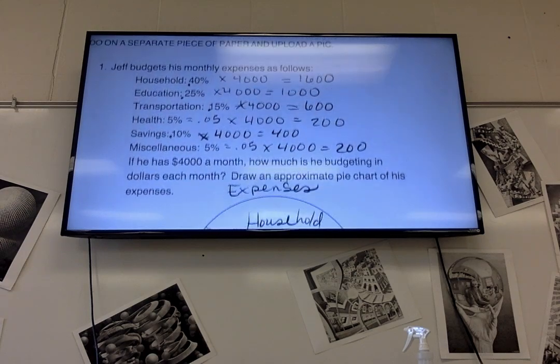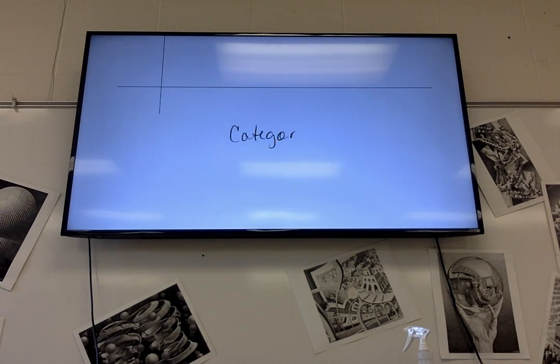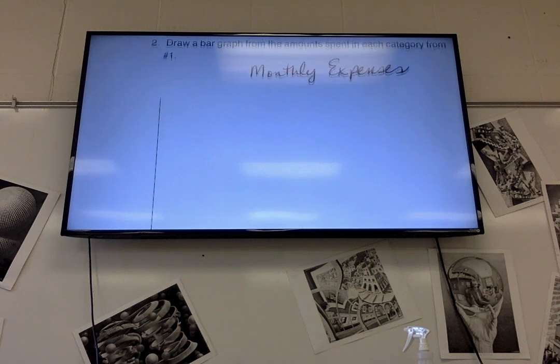Across the bottom here are categories. You have to label these. And on the side is expenses, and it's measured in dollars.